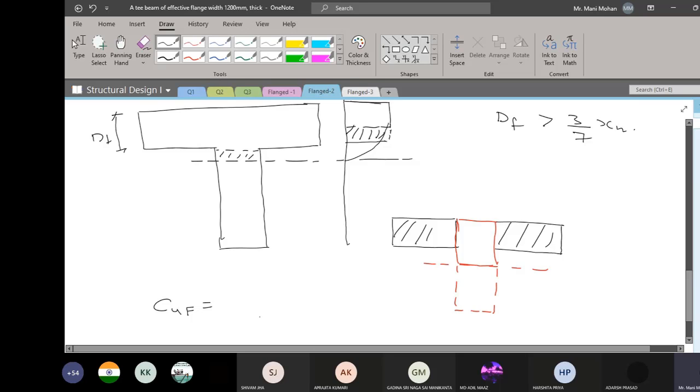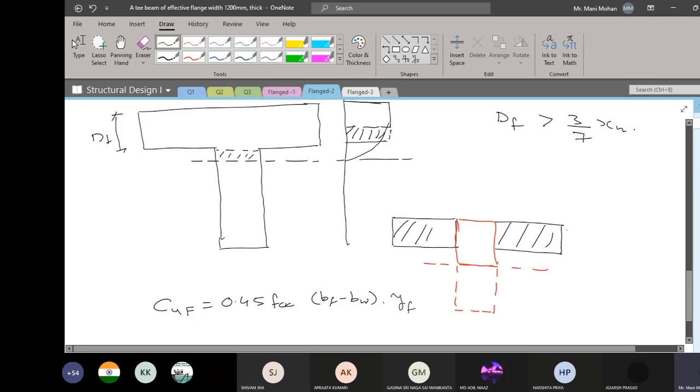Can you tell me what will be CUF? Yes, it is going to be 0.45 FCK into width of flange minus width of web into reduced depth of flange YF.